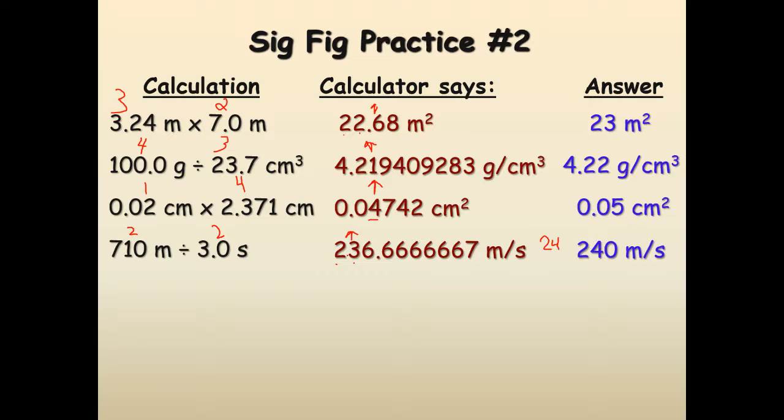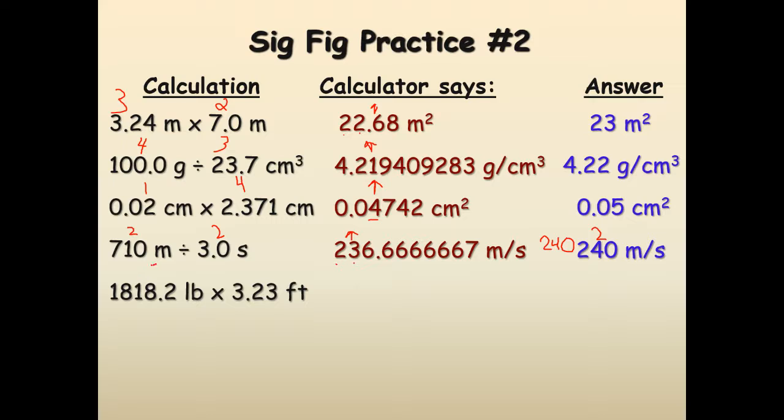So 24 is not the same as 236. The reason we tack the 0 on is because this is hundreds, 236. That 0 does not change it, because remember, it doesn't become a sig fig. This number has no decimal, so we start counting from the right-hand side, so 1, 2. So that has 2 sig figs as well.